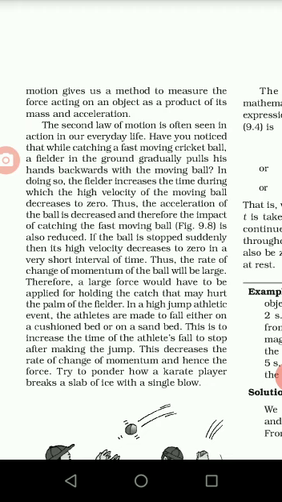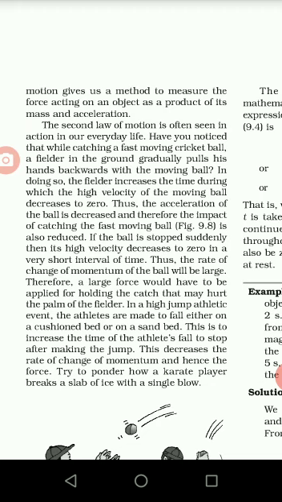If the ball is stopped suddenly, then its high velocity decreases to 0 in a very short interval of time. Thus, the rate of change of momentum of the ball will be large. Therefore, a large force would have to be applied for holding the catch, that may hurt the fielder and cause pain.